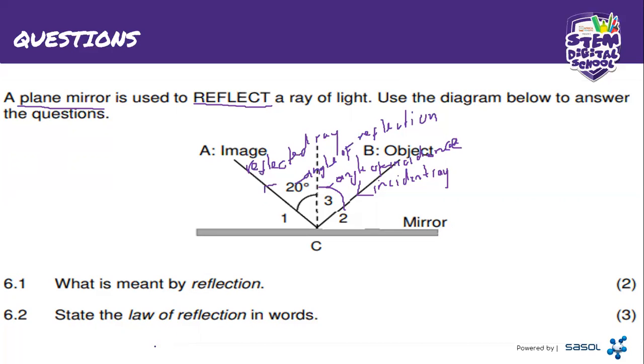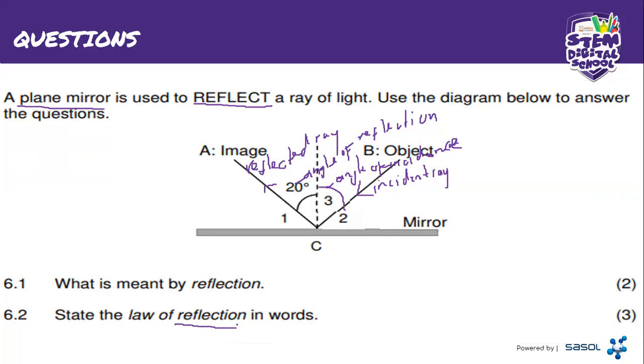Then you are required to state the law of reflection in words altogether. So the law of reflection states that the angle of incidence is equal to the angle of reflection.